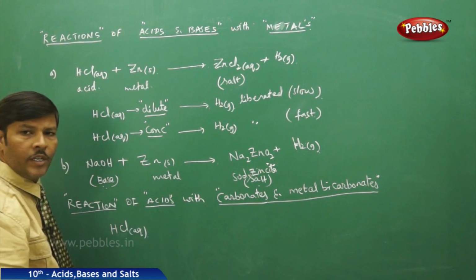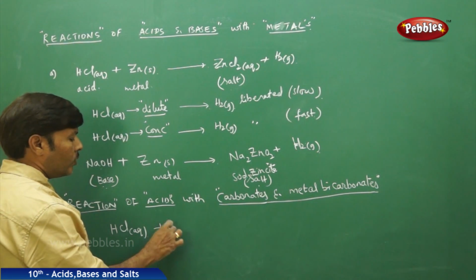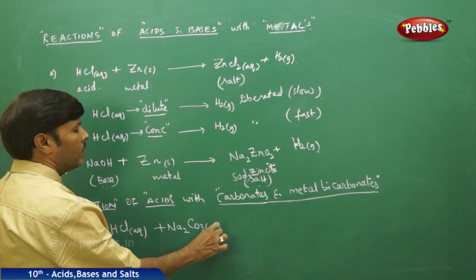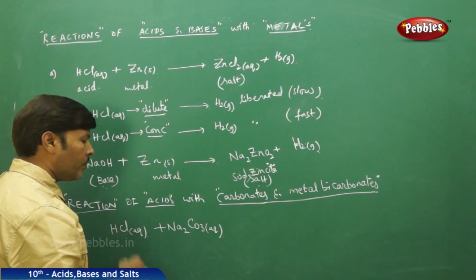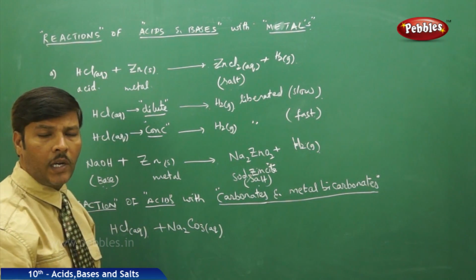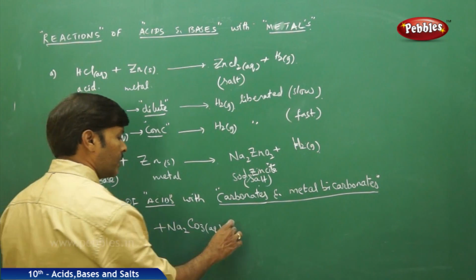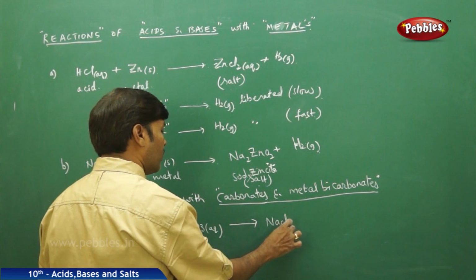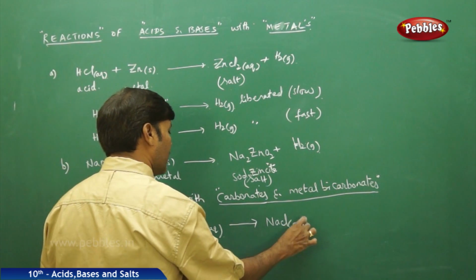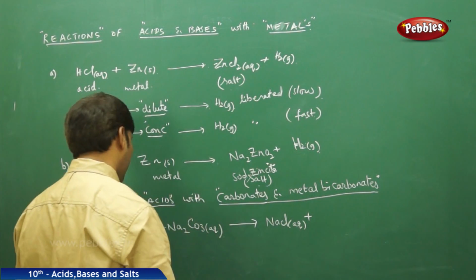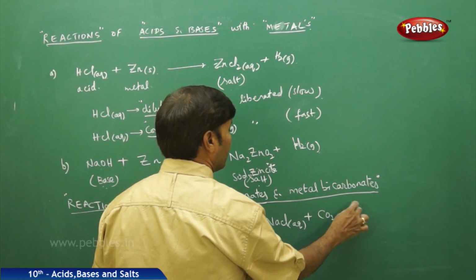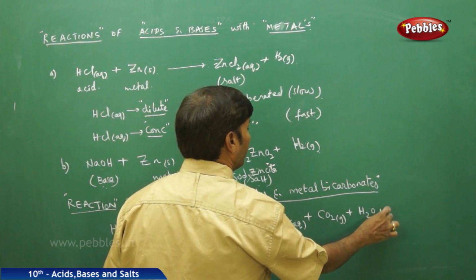Because we are saying carbonates, I will take sodium carbonate, aqueous, and when it reacts with the hydrochloric acid, it is going to give NaCl, sodium chloride, aqueous, plus carbon dioxide gas plus H2O liquid.